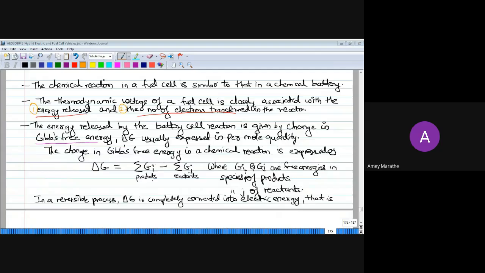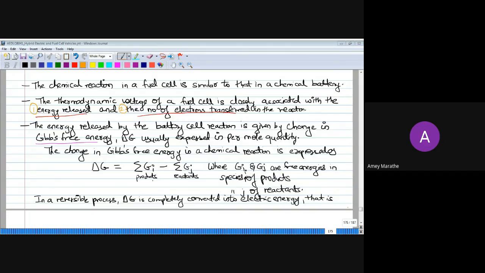given by the summation of all the products minus the summation of all the reactants, where Gi and Gj are the free energies of the species i in the products and j in the reactants.